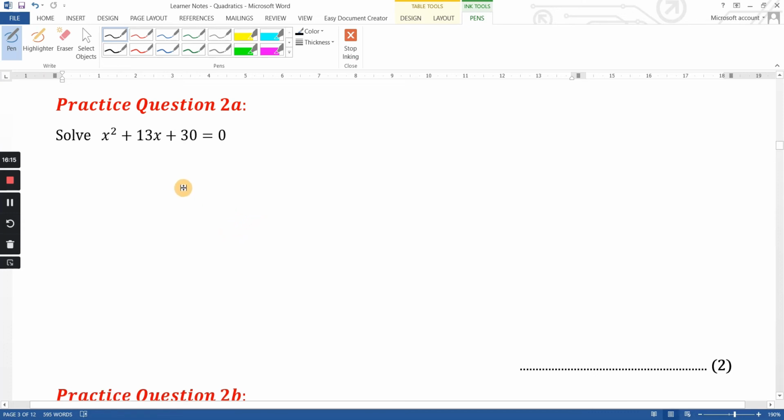Let's go through these. So first one, we'll need to factorize that, so I need a positive 30, and it makes positive 13. Initially I thought it could be 15 and 2, which gives me 30, but it's not going to give me positive 13, because I'm going to have to take that away.